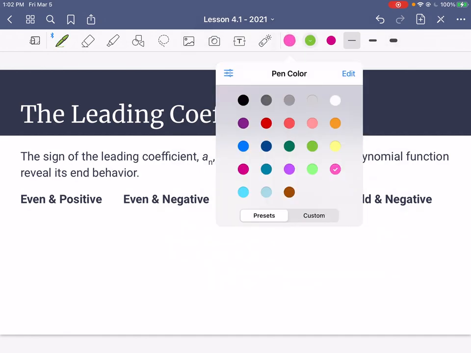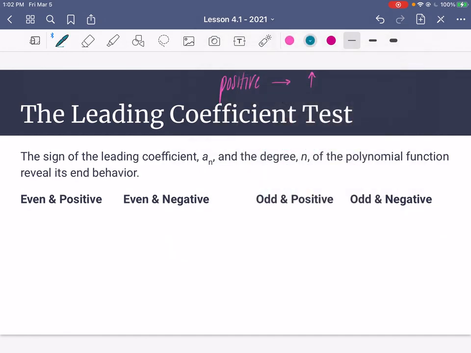If it is a negative leading coefficient, then as you go to the right of the function, it's pointing downwards. So kind of self-explanatory, okay? Positive, the end behavior to the far right is going to point up. So here, positive and positive pointing up. Versus negative leading coefficient is going to point down as you go to the far right, okay?